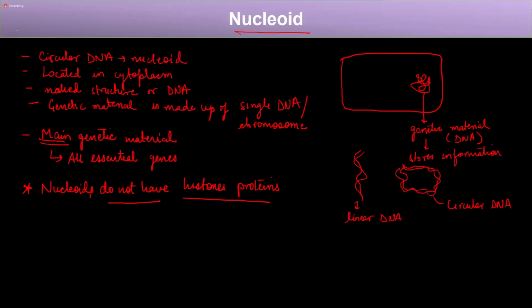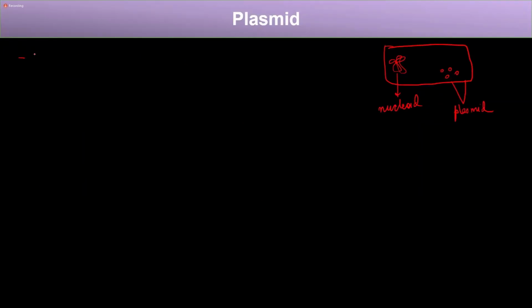So what are these? These are called extra chromosomal genetic material. Okay, extra chromosomal because along with the main genetic material, these are the extra genetic material that is present. So these are extra chromosomal DNA.